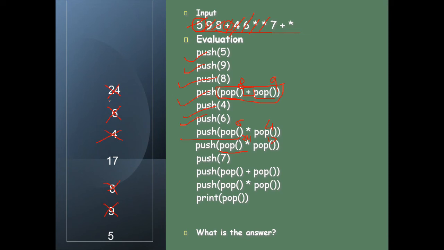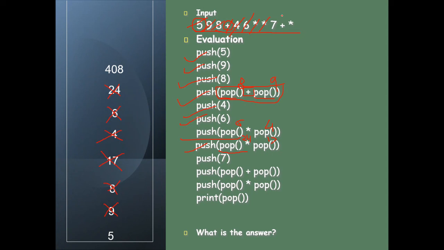So I have removed 24 and I have removed 17 from this stack. But not only this, I have to push the result of 24 into 17 onto the stack, and that result is 408. So 24 into 17 is 408. I have pushed it into the stack. Currently you can see that there are only two elements in my stack, 5 and 408.